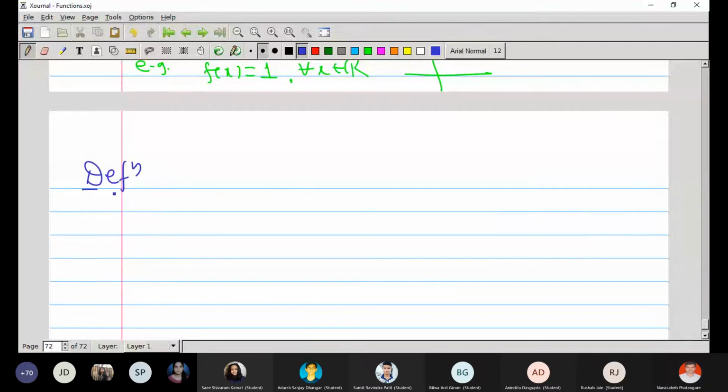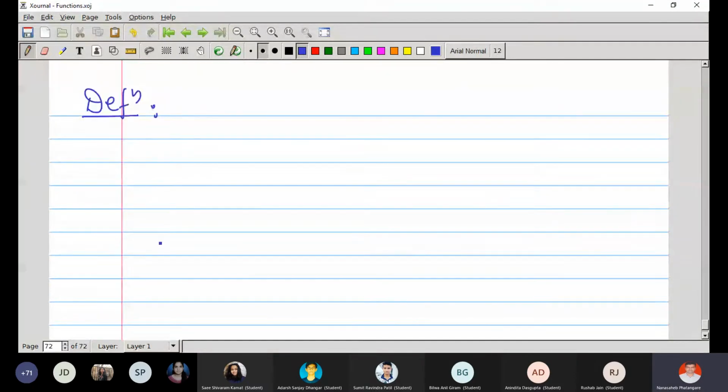Suppose you have two functions, right? Suppose you have set A here, set B here, and set C, right?